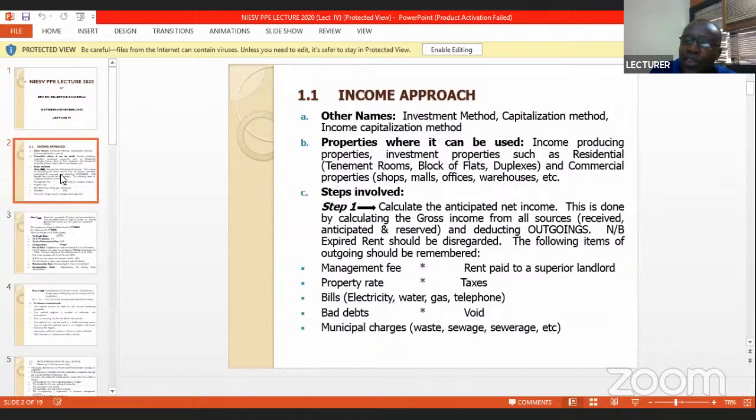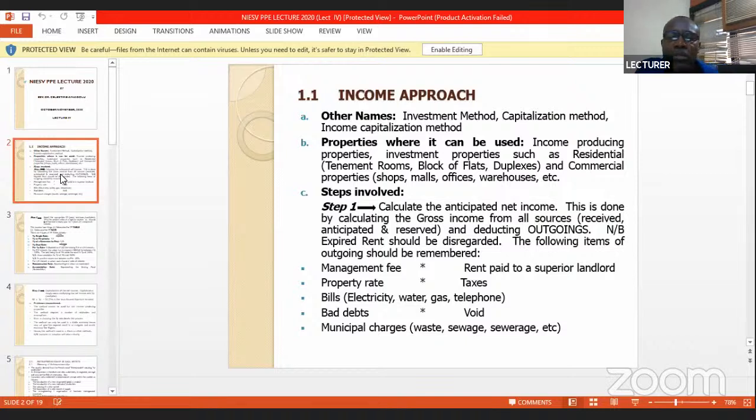Just like in the church, we are told that yesterday is not important. What is important is today and tomorrow. In valuation, rent for yesterday is no longer important. What is important is the unexpired rent. Unexpired rent. Rent for today and tomorrow.